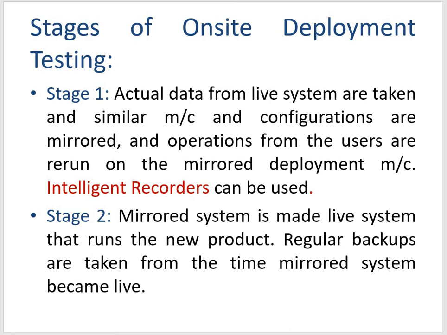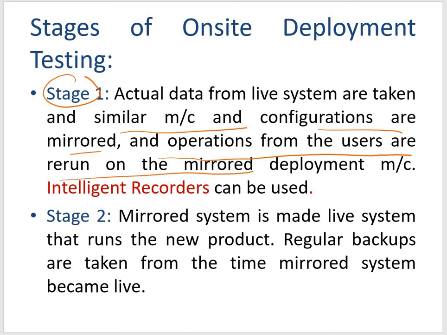One is stage 1, where actual data from the live system is taken, and this is conducted on machines that mirror the actual ones, with similar machines and configurations mirrored. And the operations from the users are rerun on the mirrored deployment machines, and in this case intelligent recording devices that record the transactions happening on the live system and replicate them on mirrors can be used.